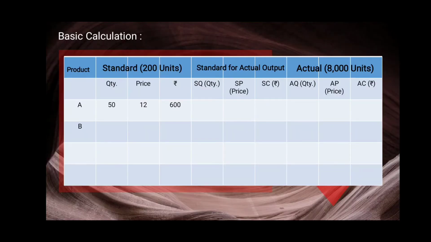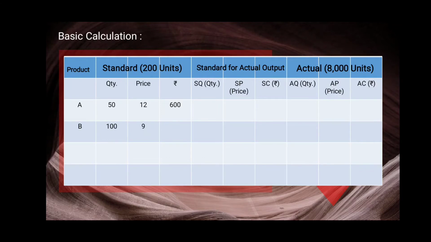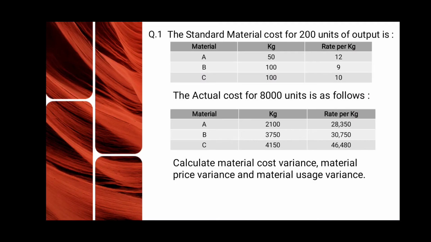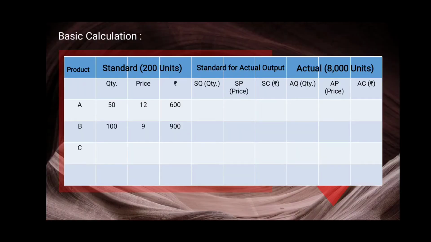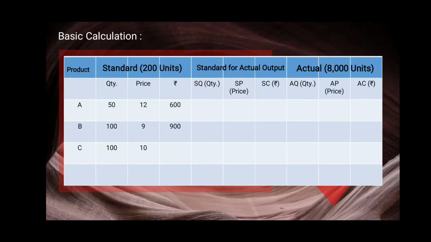So we'll record it: product B, quantity as 100 and the price is 9. So the standard amount will be 900. Next, material C, 100 kgs, rate per kg is 10. So we'll record it: product C, quantity is 100 and rate per kg is 10. So the standard amount will be 1000.